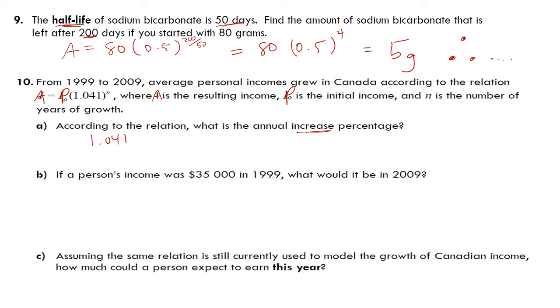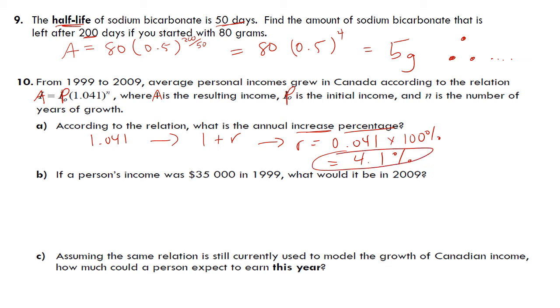And then you got to realize that if it's increasing, normally it's 1 plus R. So I got 1.041. So that must mean R has got to equal 0.041 because 1 plus that gives you 1.041. But we want it as a percentage. So we're going to work backwards here. Times it by 100%, which will give you 4.1%. Hopefully that makes sense to everybody. That's kind of working backwards to how we worked coming up with the equation. So really test your understanding of that.